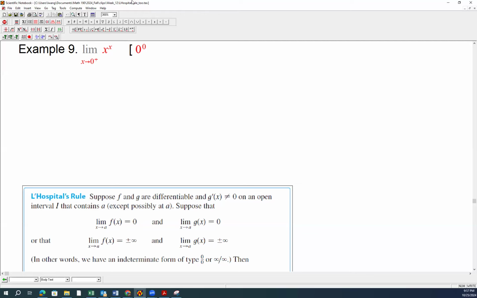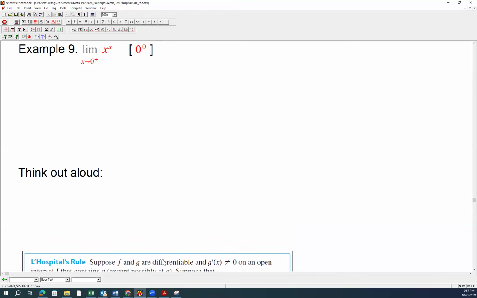No, that's wrong. Then you say, isn't it true that x raised to the power 0 is equal to 1?